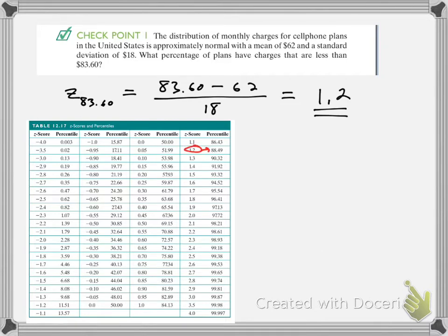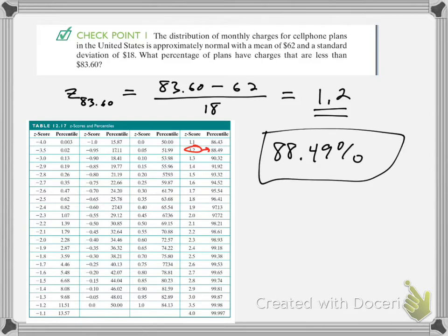So the percentile is 88.49. That means that 88.49% of plans are less than 83.60, because this is in the 88.49th percentile. So that's the amount I'm looking for.